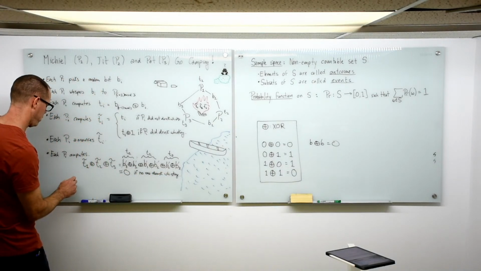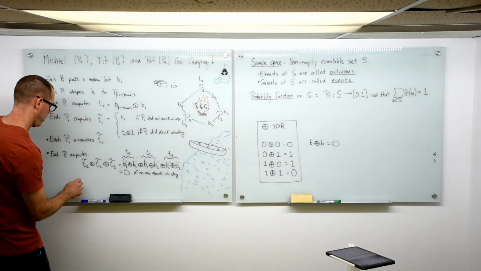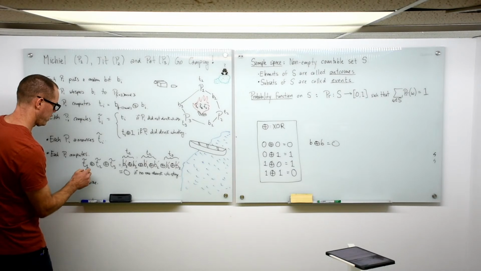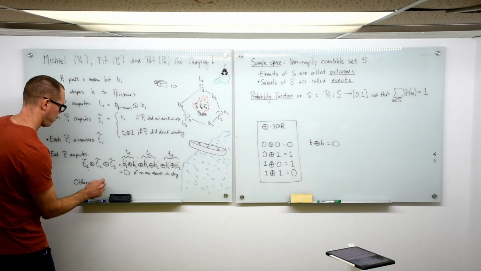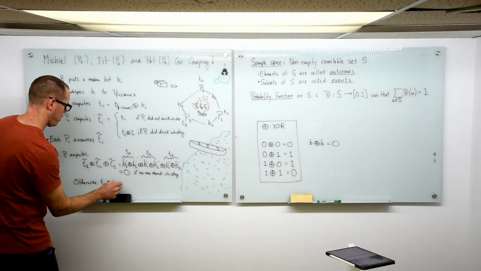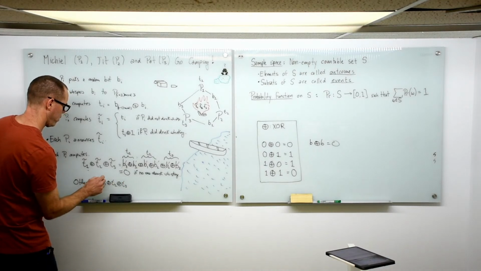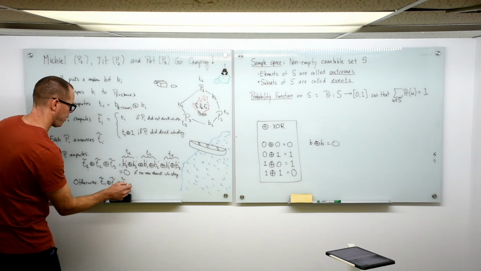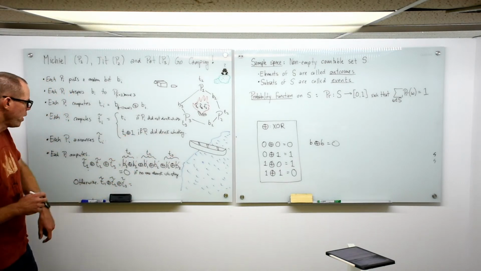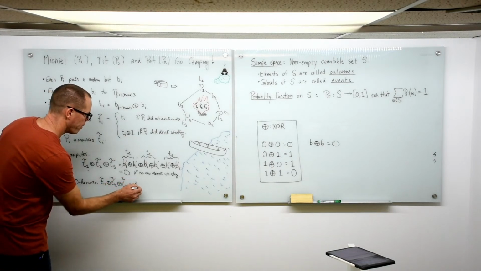Otherwise, meaning one of them drank the whiskey, then the formula looks exactly the same, except one of them threw a 1 into it, so it's going to evaluate to 1.